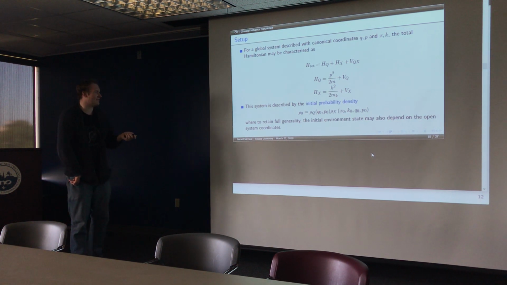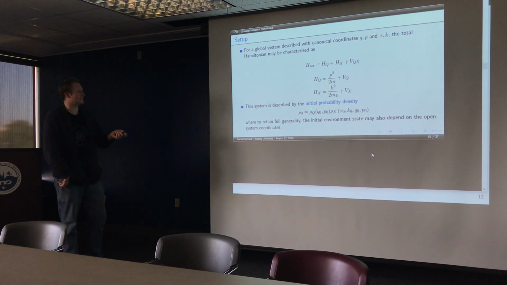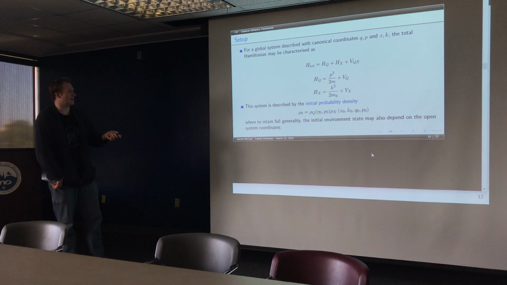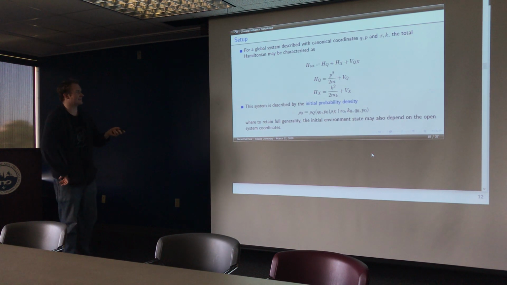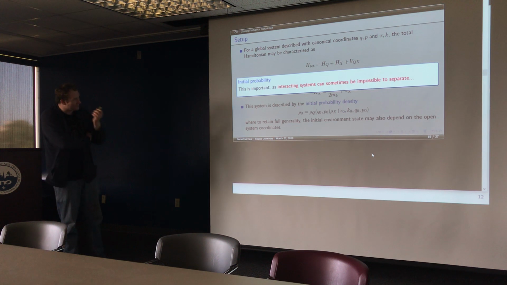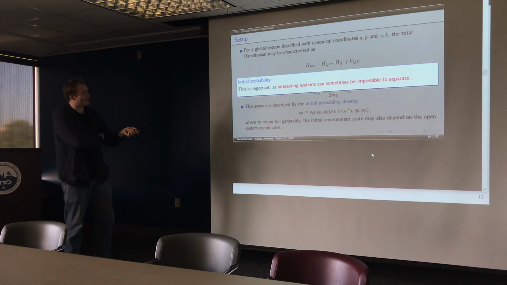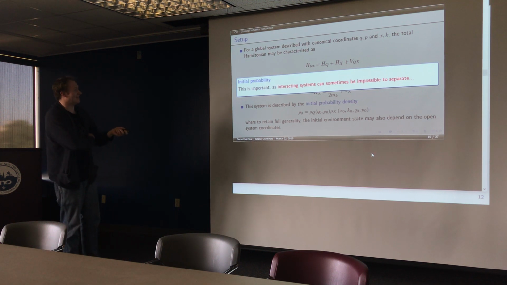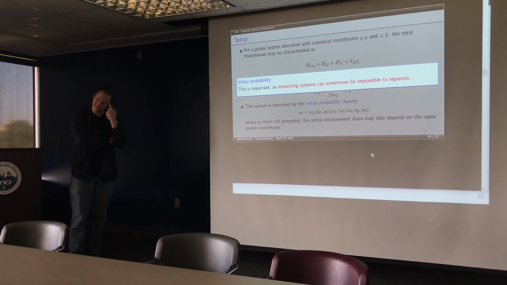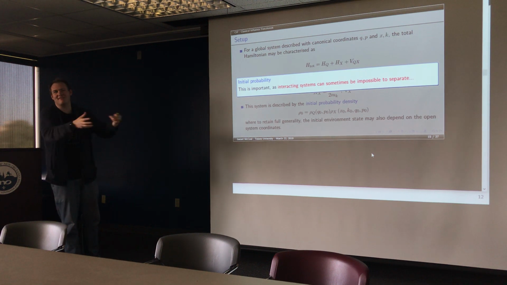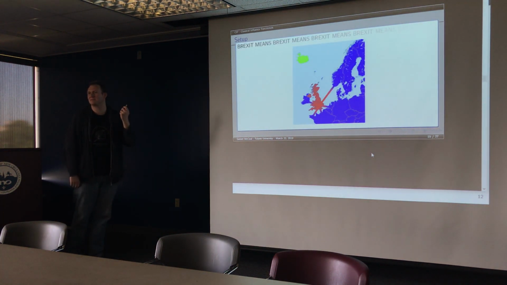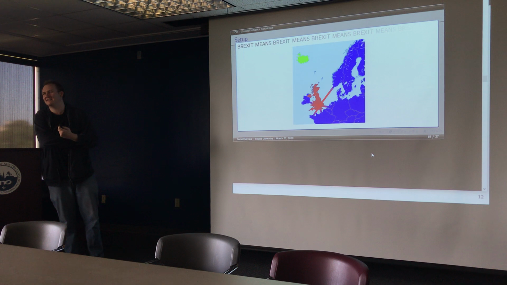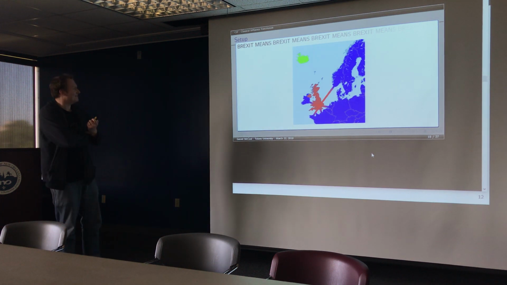The total system is described by some initial probability density, which we're partitioning into the open system and the environment initial density. Notice that our environment can depend on the system coordinates and momentum as well. This is quite important because not everything is separable. If you have an interacting system, it's sometimes quite hard to disentangle it.